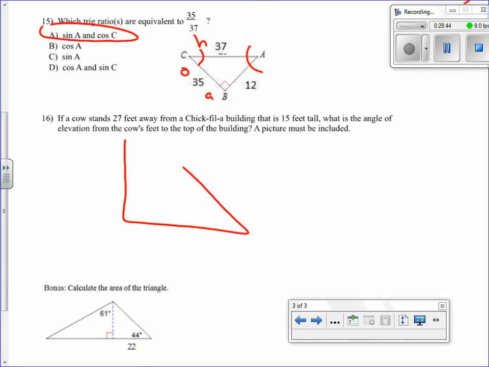And this is the last one. It says a cow stands 27, so this is the cow. This is the building. So that means this is 27. And the building is 15 feet tall. What is the angle? So you're looking for an angle. So this would be opposite and adjacent.